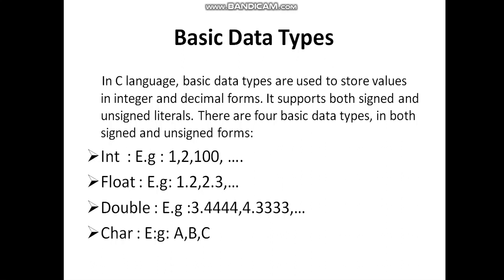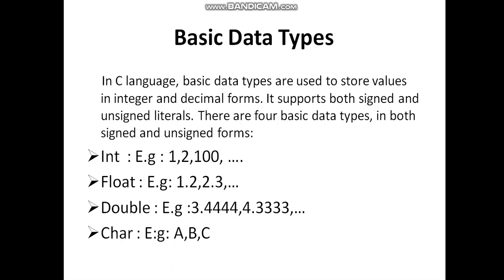Then float, which is a floating point number, a decimal number, so it will contain the decimal. Then double. Double is the same as float, but the primary difference is that float can contain 6 digits after the decimal, but double can contain 10 digits after the decimal. And character is used to store letters from A to Z.